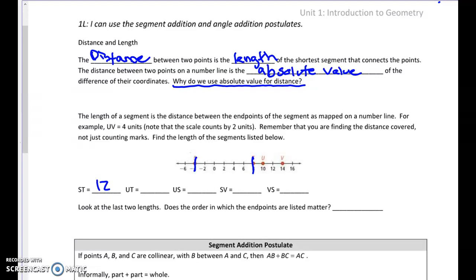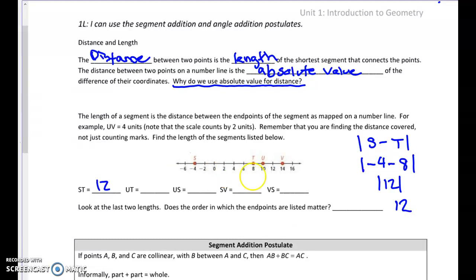In order to find the distance between 2 points using an equation, we're going to use the absolute value. So I would do the absolute value of S minus T, which would be the absolute value of -4 minus 8, which is the absolute value of 12, or 12. So no matter what, I end up with a positive distance.